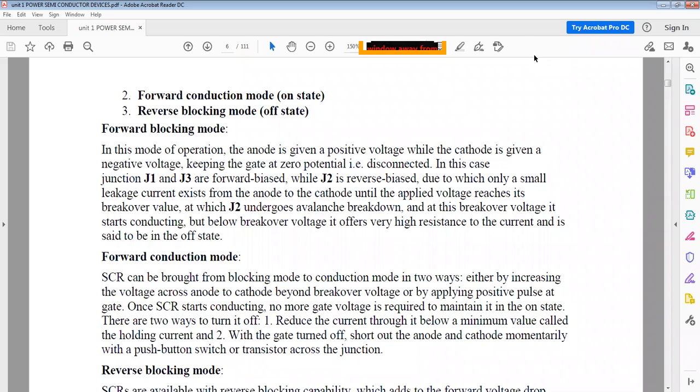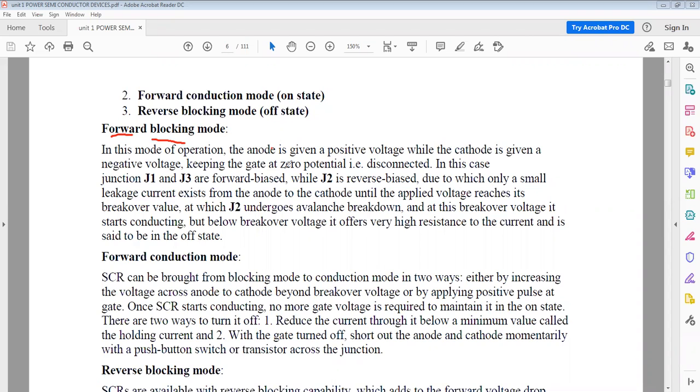Forward blocking mode. In this mode of operation, the anode is given a positive voltage while the cathode is given a negative voltage, keeping the gate at zero potential. Remember that zero potential is applied to the gate. Under forward blocking mode, the anode terminal is connected to plus, keeping zero potential at the gate terminal.